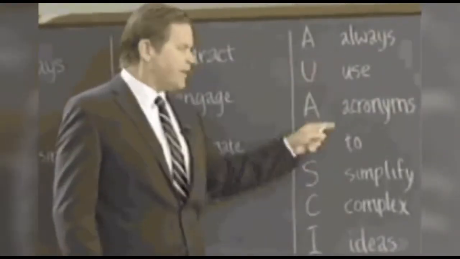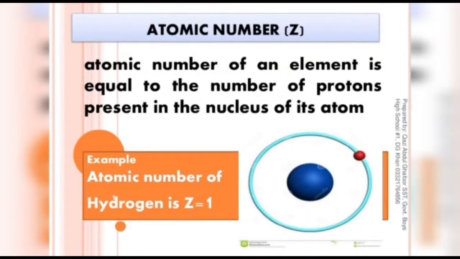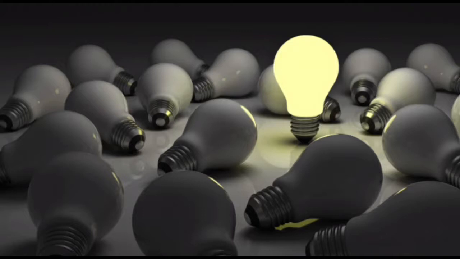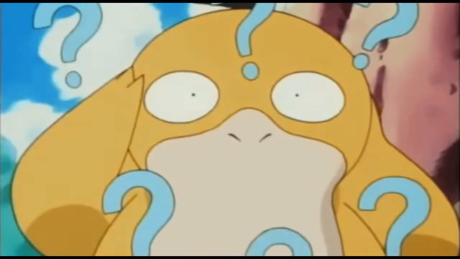I'll explain my discovery first. I found a more fundamental property than atomic mass called atomic number, which is nothing but the number of protons or electrons in an atom of an element. This number is unique for every element, so we can arrange them easily without any confusion.